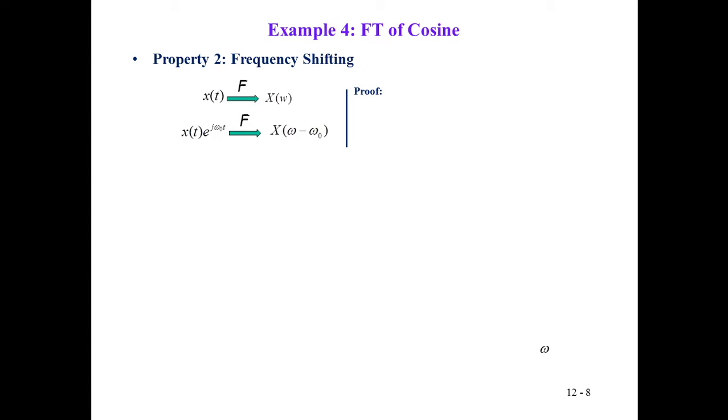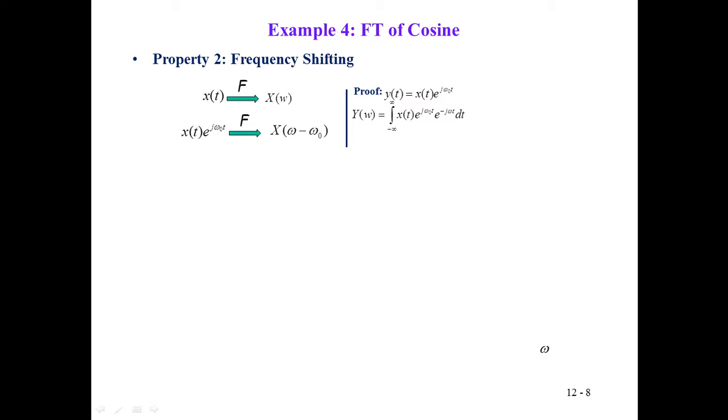The proof of this property can be easily done using the Fourier transform definition. For this, let this modified signal x of t e to the power j omega 0 t be defined as y of t, and Y of omega is given by writing the Fourier integral.